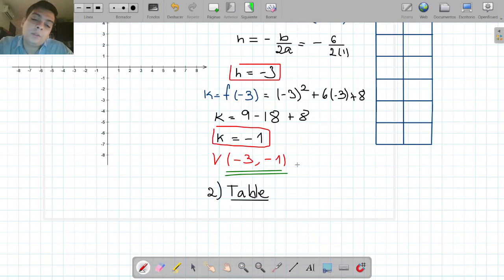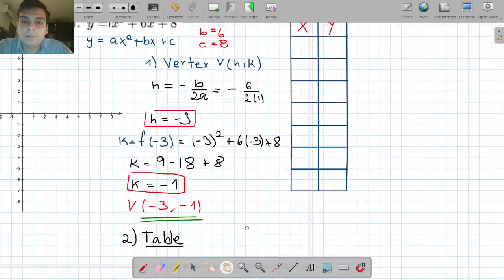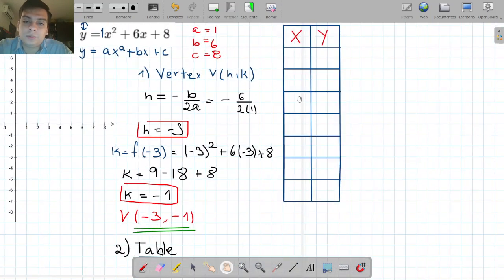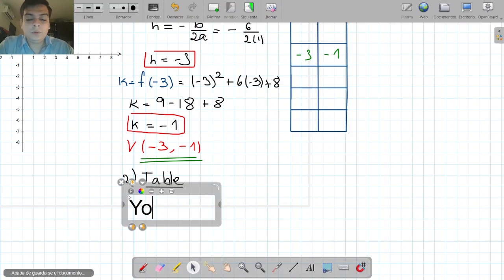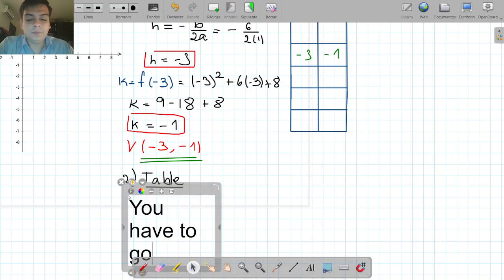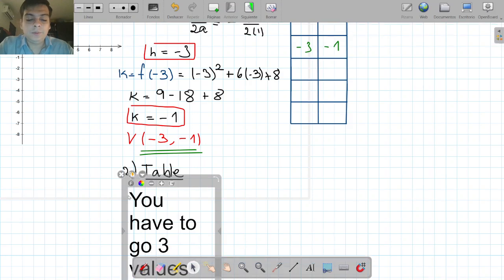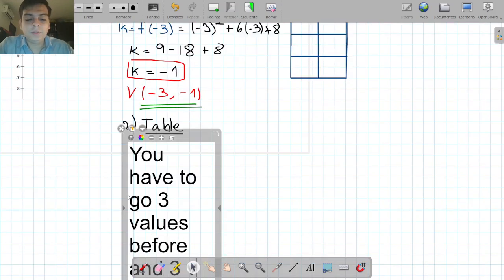So if I go to the table, 1, 2, 3, 4, 5, 6, 7, in the middle I'm going to write the vertex, -3 and -1. In the table, you have to go 3 values before and 3 values after.